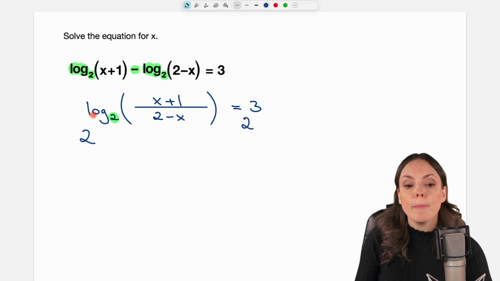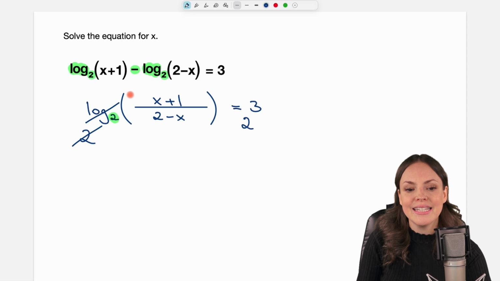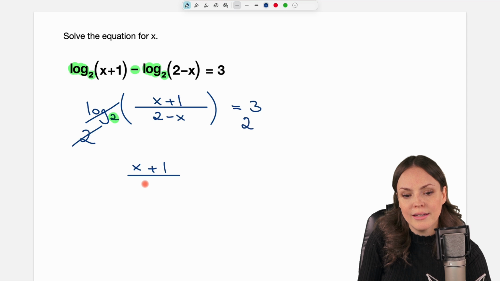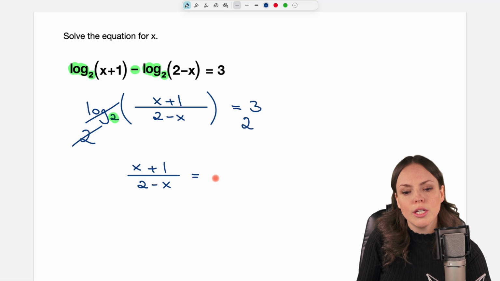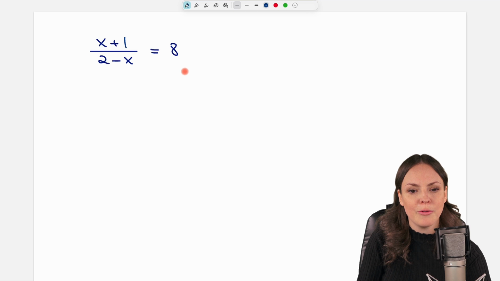The 2 to the power of log base 2 cancels out, and the logarithm disappears, and only what is left inside of the logarithm remains on the left side. And on the right side, don't forget to do 2 to the power of 3, which equals 8. So our logarithm is gone, and this is how our equation looks now. Okay, now we only have to solve this cute little equation.